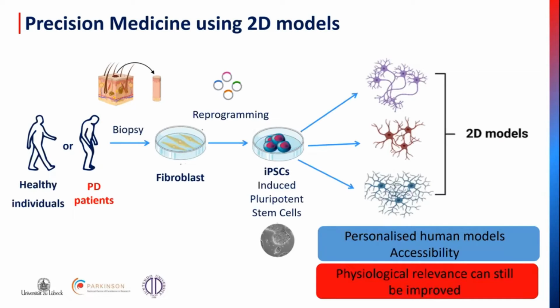To facilitate this, about 10 years ago, Yamanaka and colleagues developed the technology by which fibroblasts, which are skin cells from humans, can be reprogrammed to a state of induced pluripotent stem cells, from which we can derive again most cell types of the body, allowing us to study the specific cells involved in the disease, such as the dopaminergic neurons, and allowing this study to be specific to every donor of these cells, be it healthy or a patient affected by Parkinson's disease or another neurodegenerative disorder.